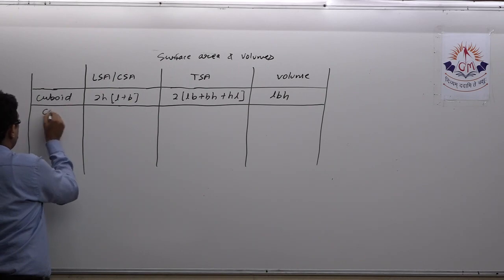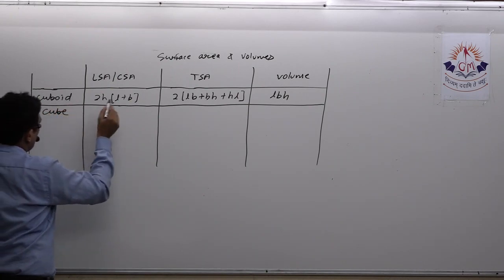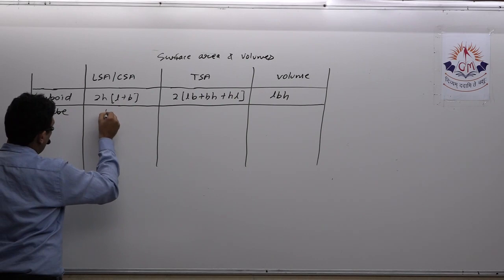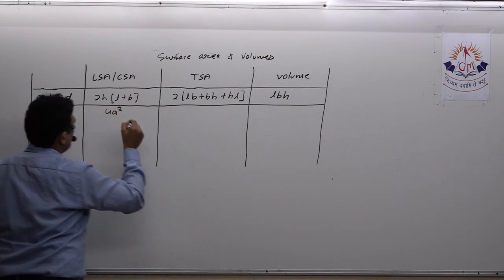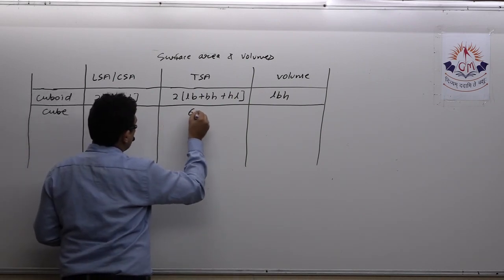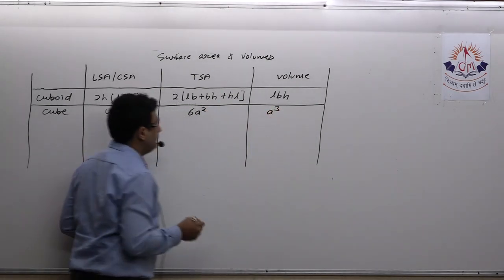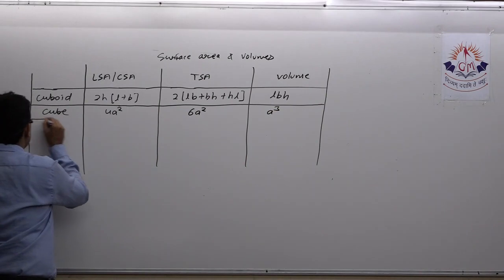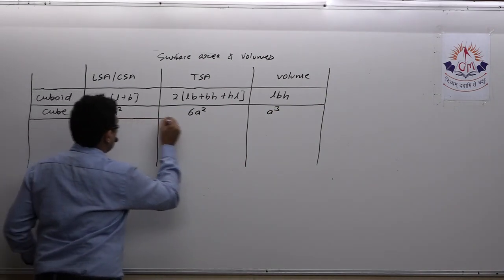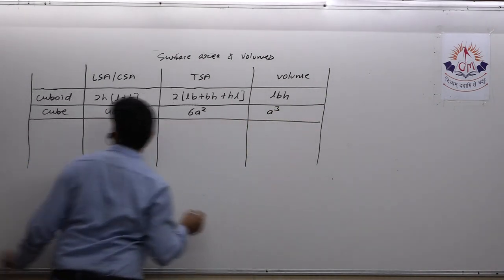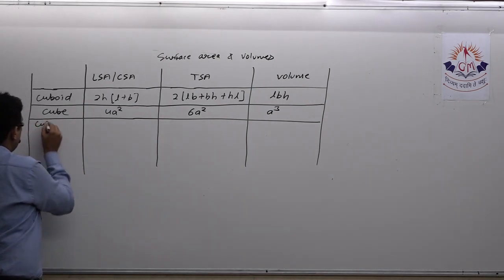So next is cube. For cube, lateral surface area or area of walls is 4a square. Total surface area is 6a square and volume is a cube. After this, we will see the cylinder.